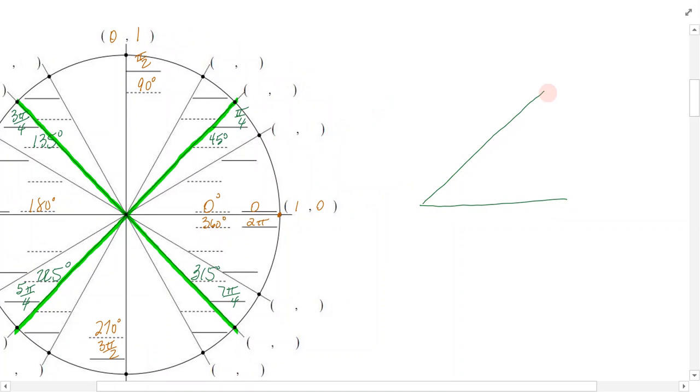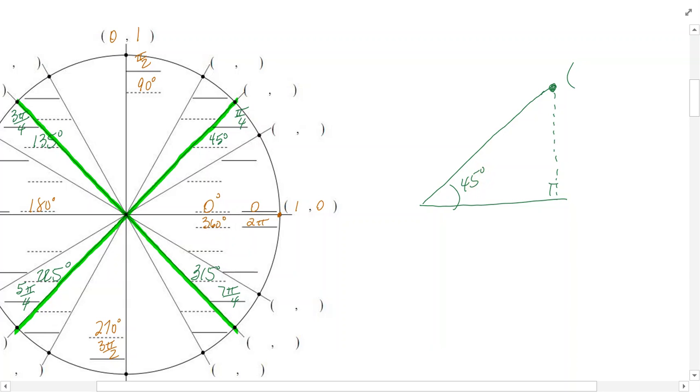We know that if I am here at pi over 4 and I were to drop down a perpendicular line from this location, which is how far in the y direction technically I have rotated. But anyway, I know that this is a 45-degree triangle, right?